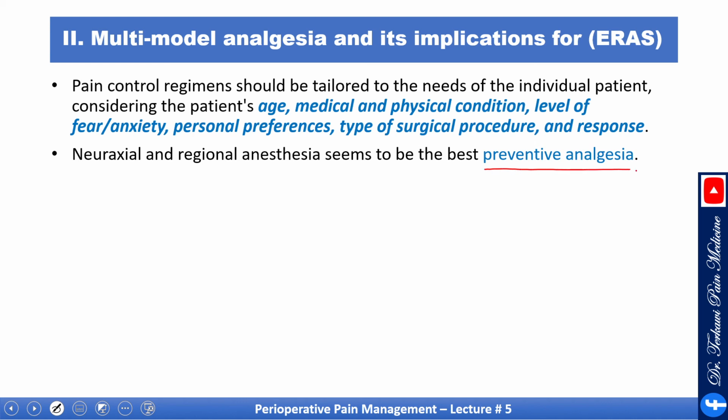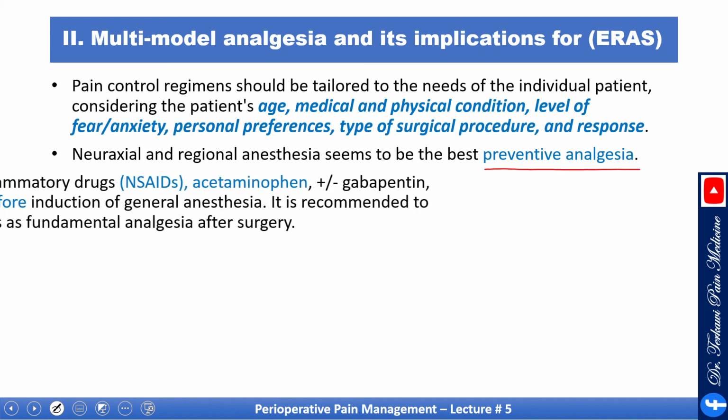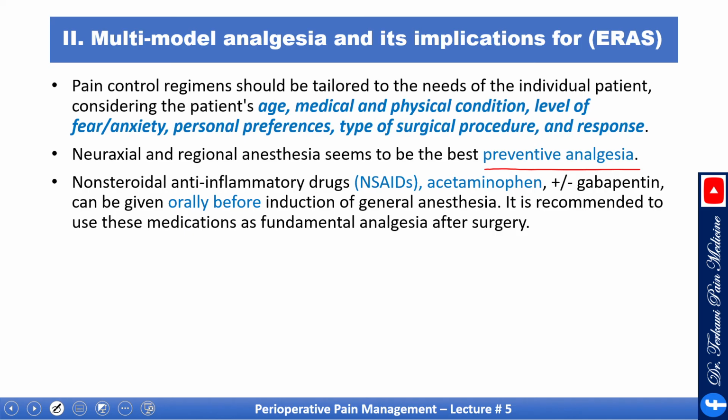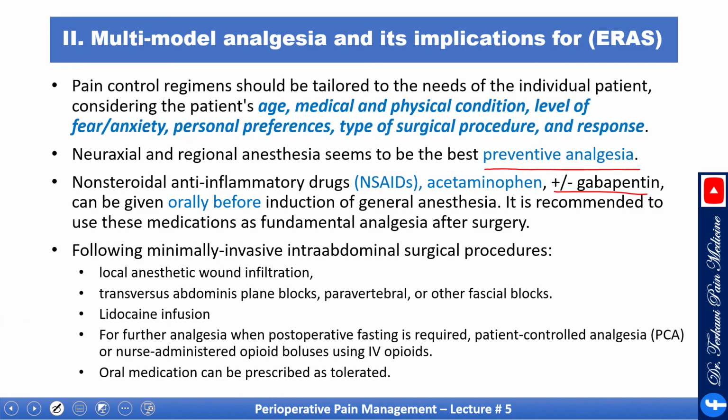Please don't forget the preventive analgesia. NSAIDs and acetaminophen can be given orally before anesthesia. Notice I skipped that because it's plus minus. Following minimally invasive intra-abdominal or minimally invasive surgery in general is good.